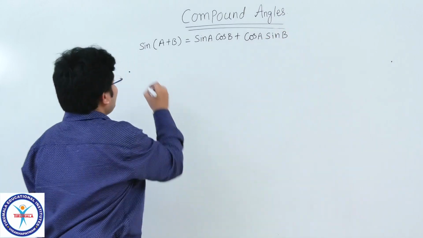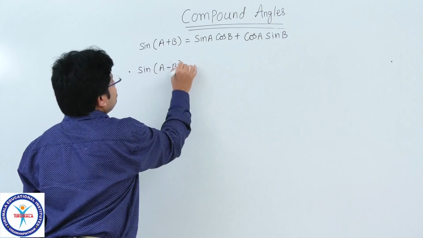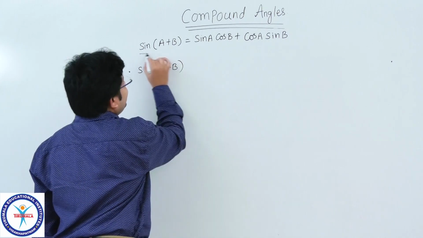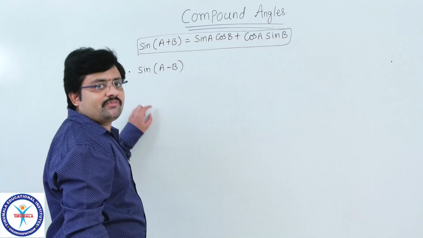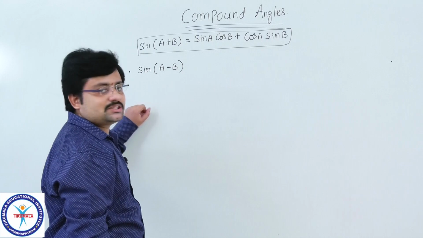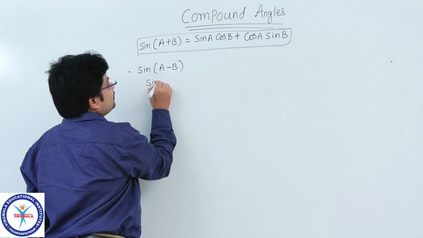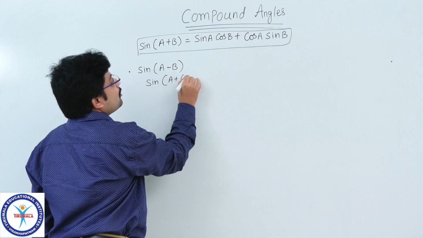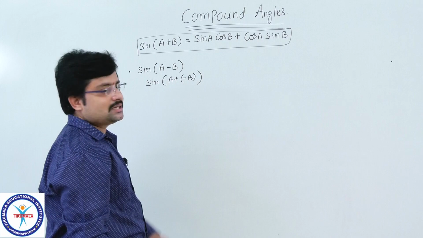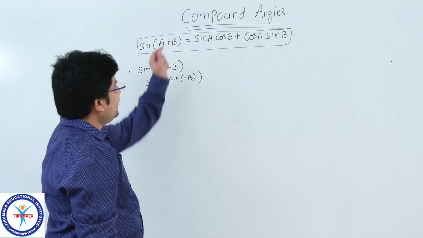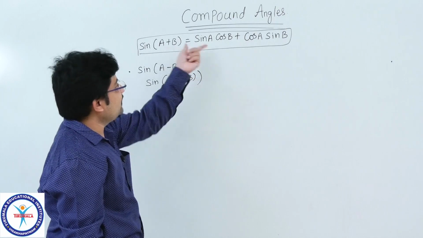Now what is the formula for sin(A-B)? So now we have to find out the formula for sin(A-B). Here it can be written as sin(A plus minus B), because plus into minus is minus, that is, in place of B substitute minus B in this formula.